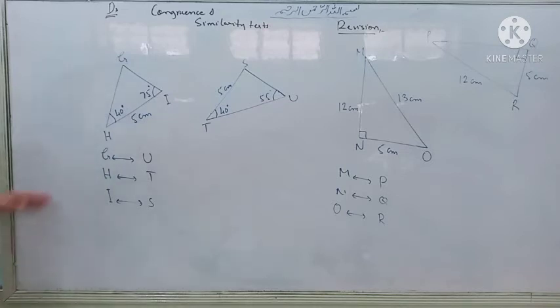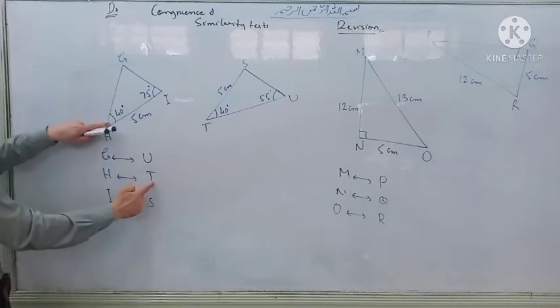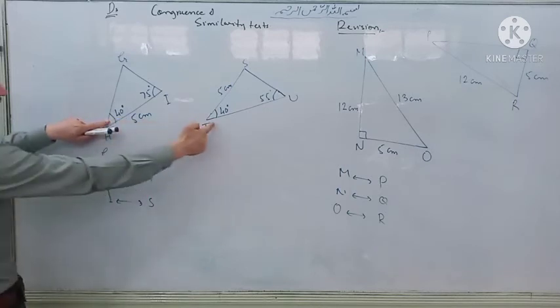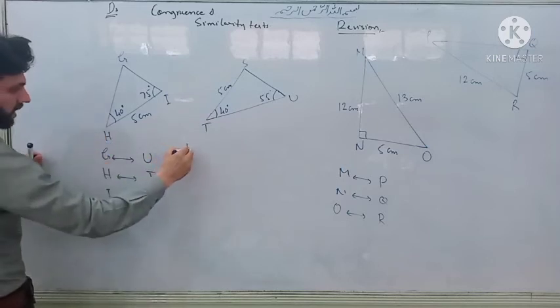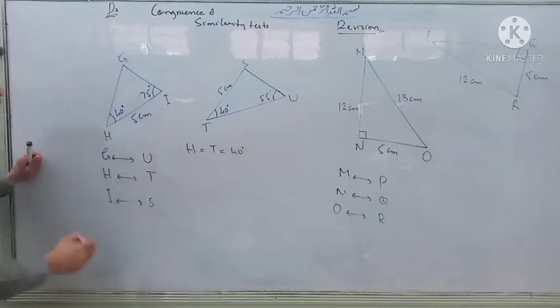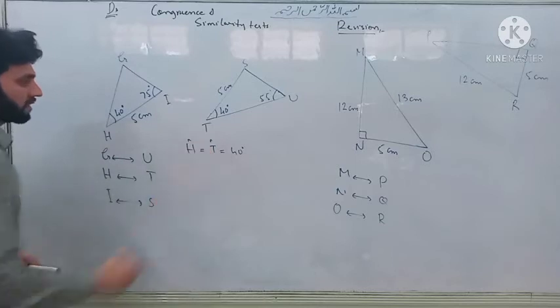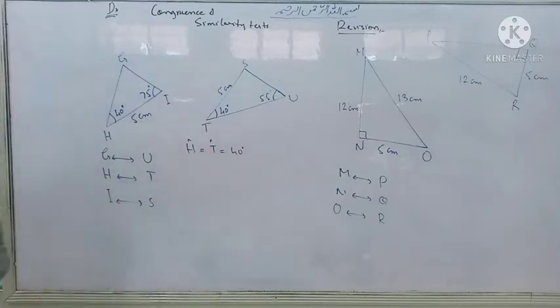So now we have to prove whether the corresponding two angles in both triangles are the same or not. Here we have the same angle on H and on T: on H 40, on T 40. One angle is the same on the two corresponding vertices, right?